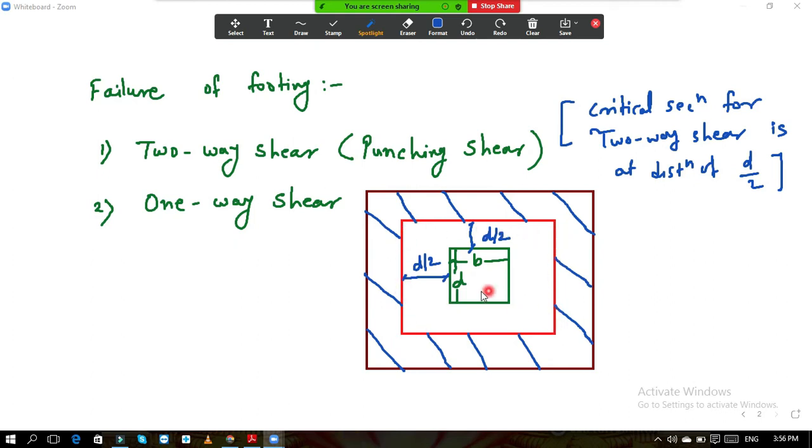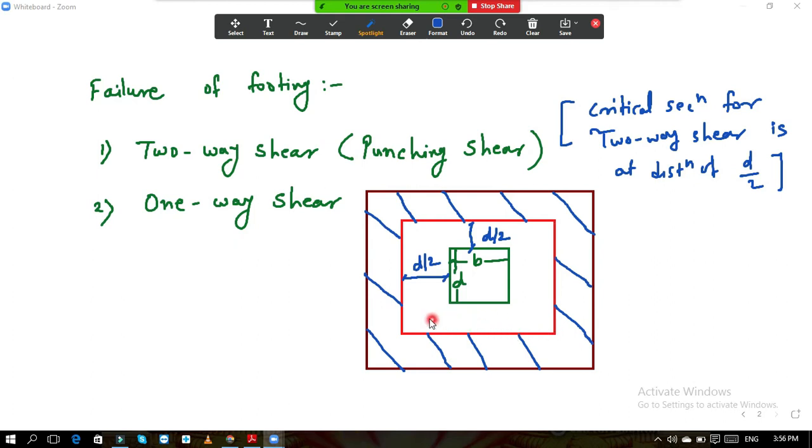So this column will try to punch through the footing along with this total area, whatever I am showing over here. And if this column succeeds in penetrating through the footing, then your footing will fail.